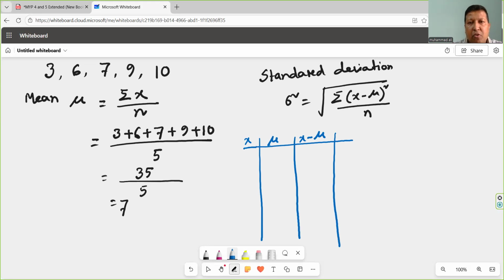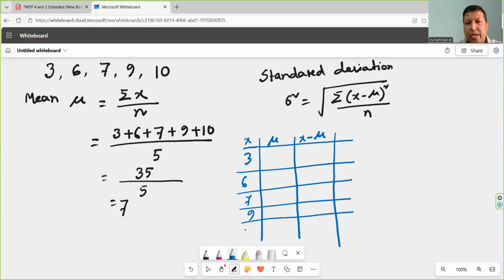X means all the data here: 3, then 6, then 7, then 9, finally 10. Here mu is 7 for each. So x minus mu: 3 minus 7 is minus 4, 6 minus 7 is minus 1, 7 minus 7 is 0, 9 minus 7 is 2, 10 minus 7 is 3.